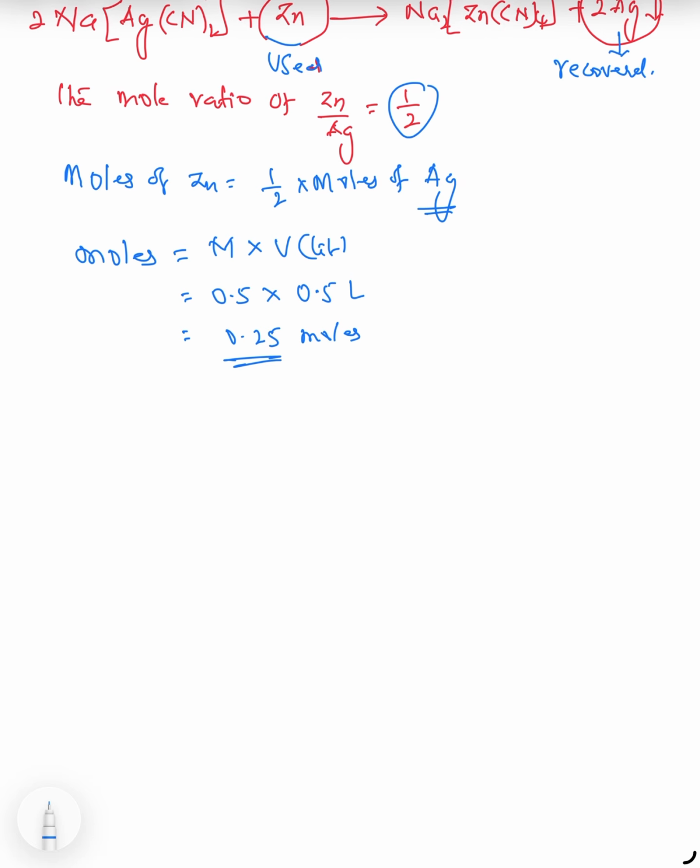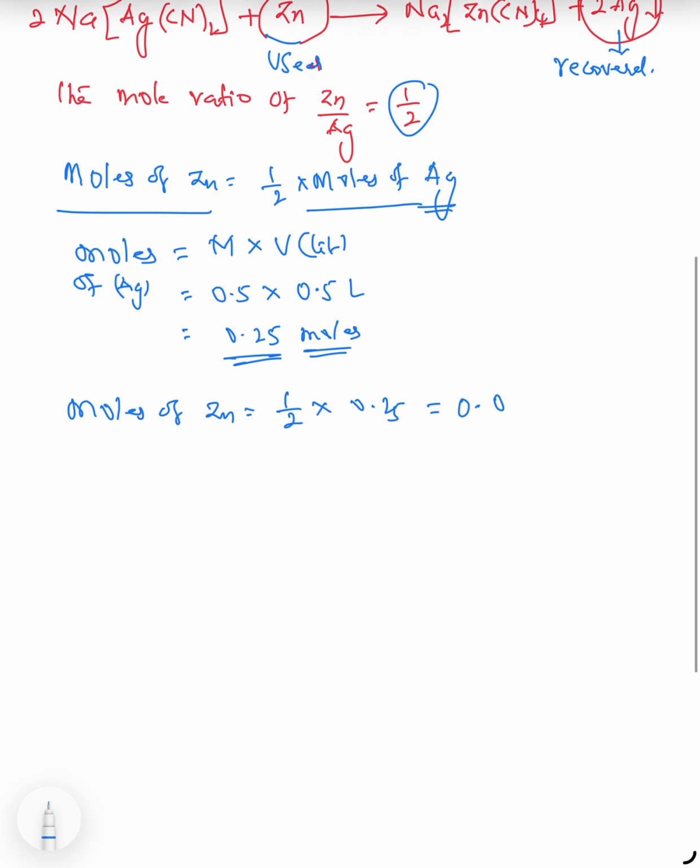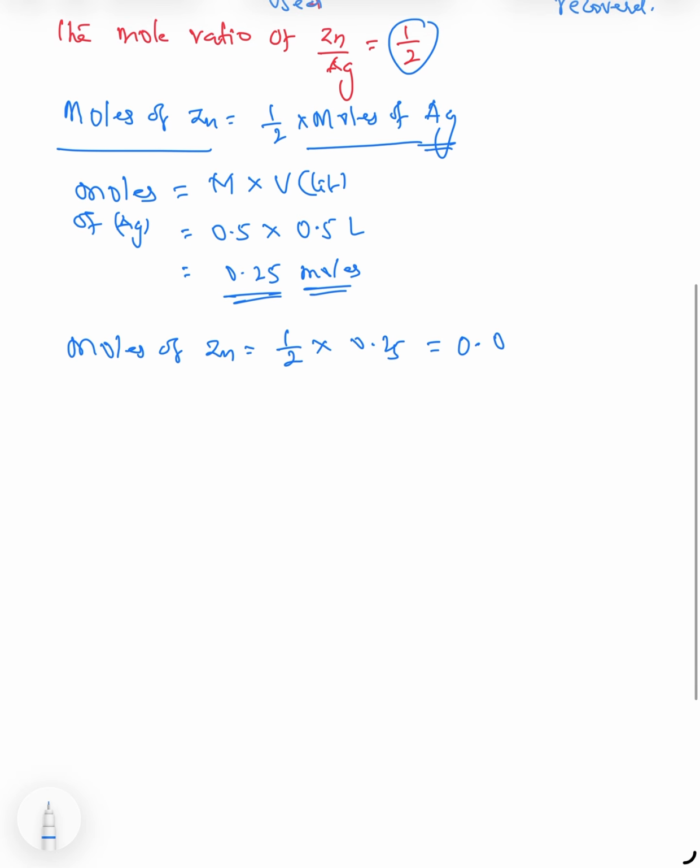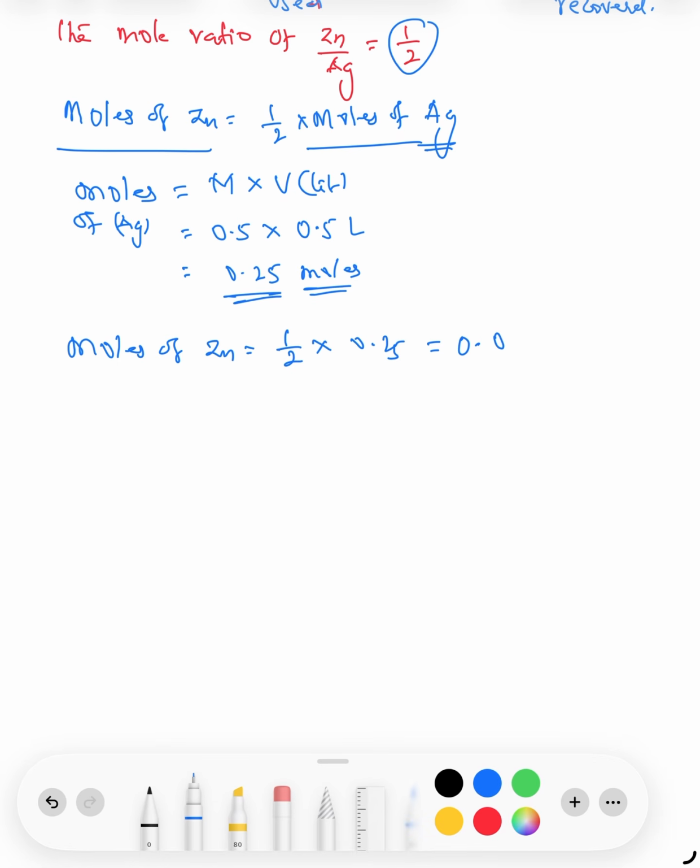So in terms of moles I'm taking this, right? What is the formula? Moles of zinc is equal to 1/2 into moles of silver, that is 1/2 into 0.25, which equals 0.1.